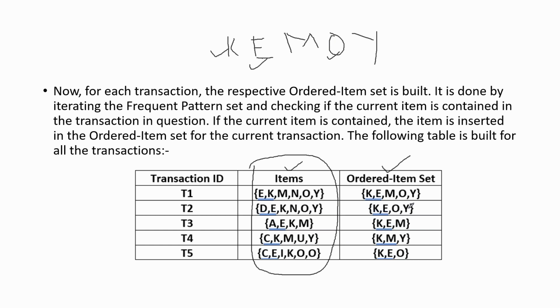Clear? We just have to look for these items in these and arrange them according to this only. I think it's clear that we have to arrange these items according to these frequent items. Fine, so we should proceed.